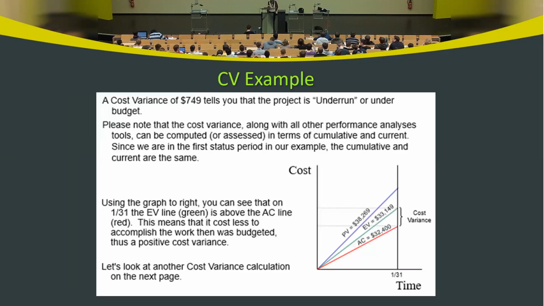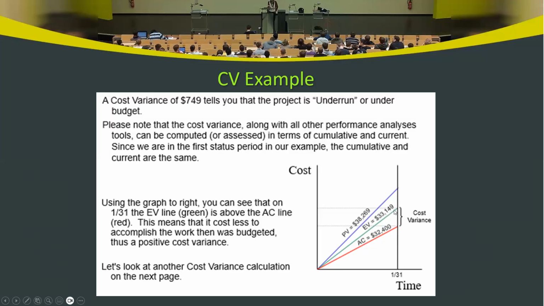So here, in the example you see on this exhibit on the right-hand side, this graph here. The formula for cost variance is EV minus AC, right? EV minus AC. This is 31st of January, the day of observation, shown by this line.